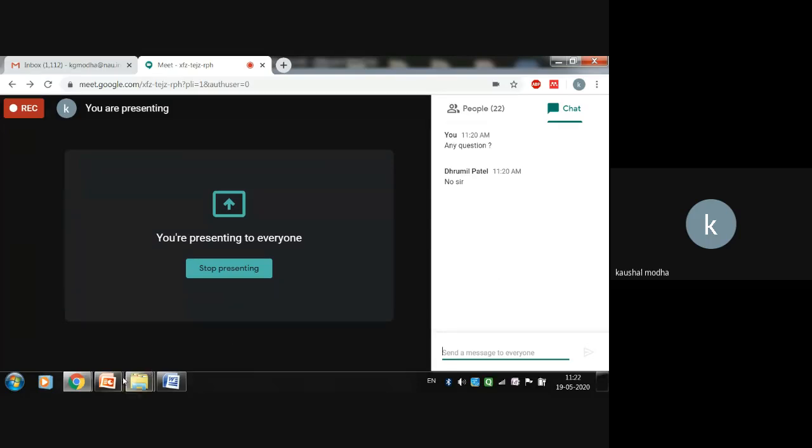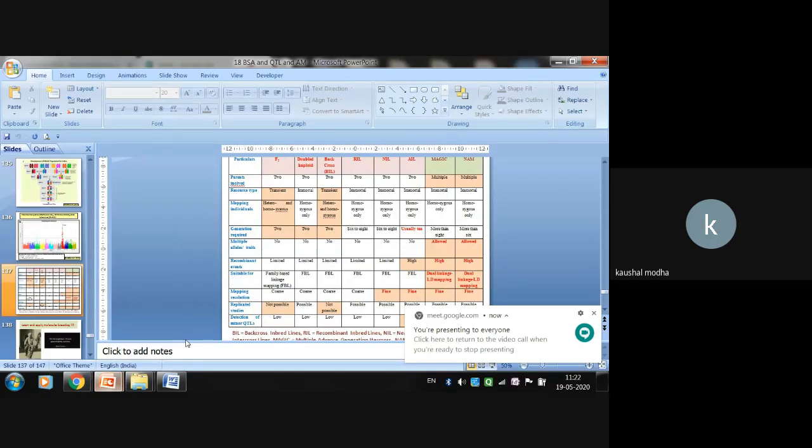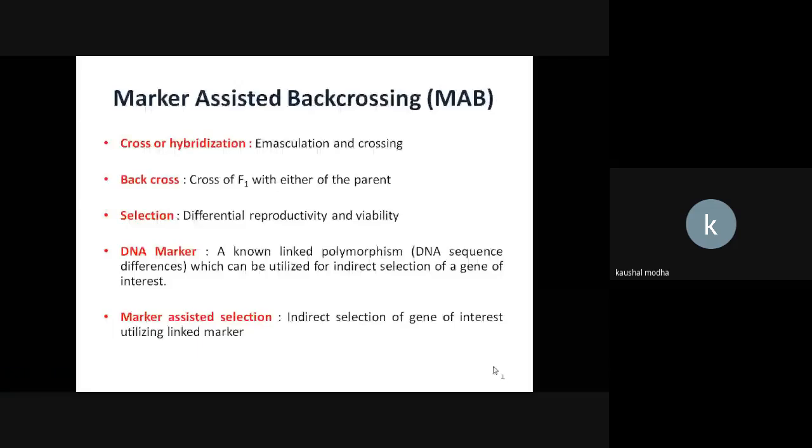Okay, then if there are no questions, I will continue with marker assisted backcrossing, and then we'll take into consideration any questions.